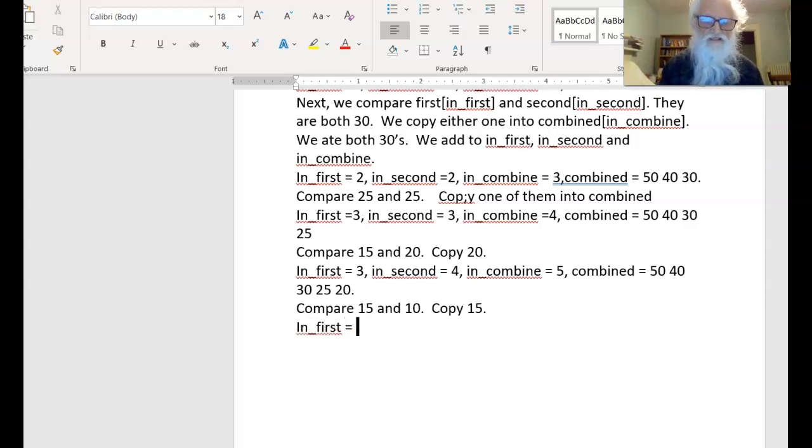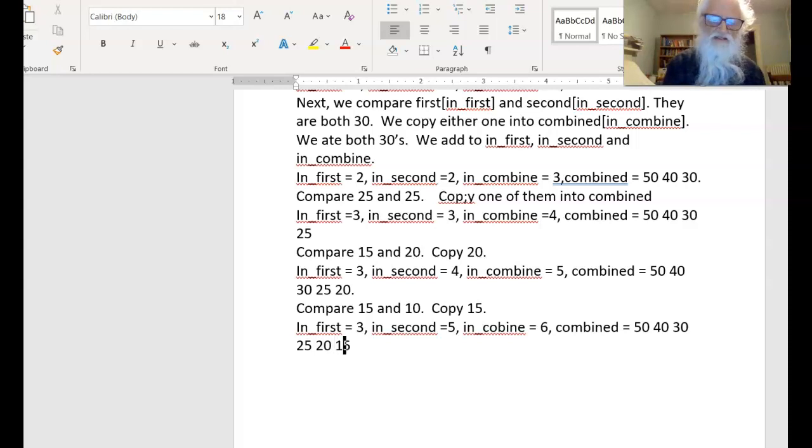It remains at 3. In second is the one I moved. It goes to 5. In combined equals 6. And the combined equals 50, 40, 30, 25, 20, and 15.